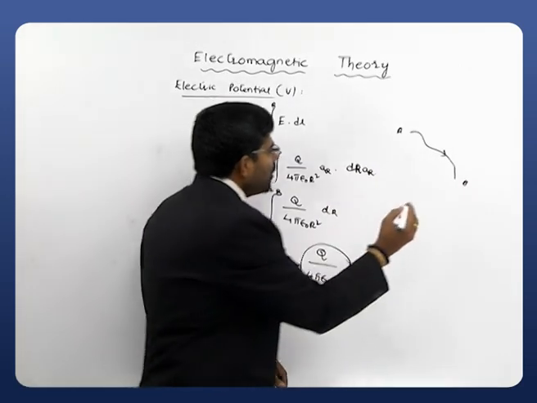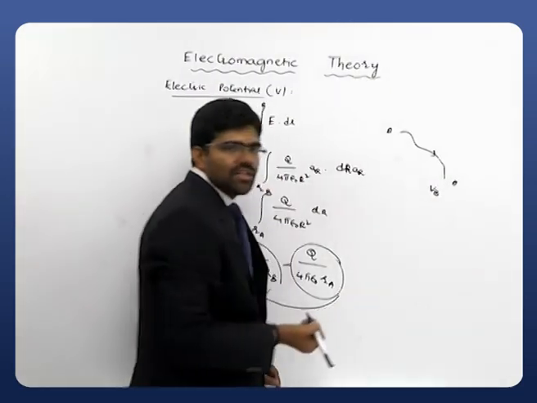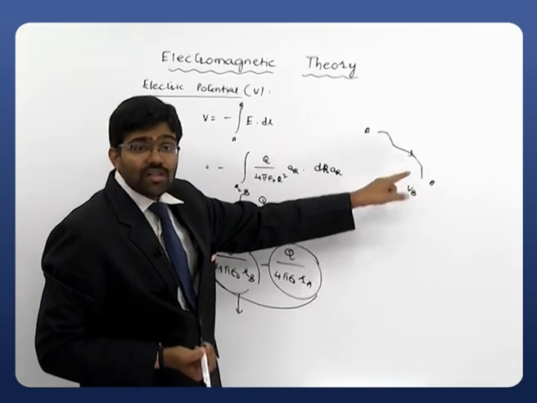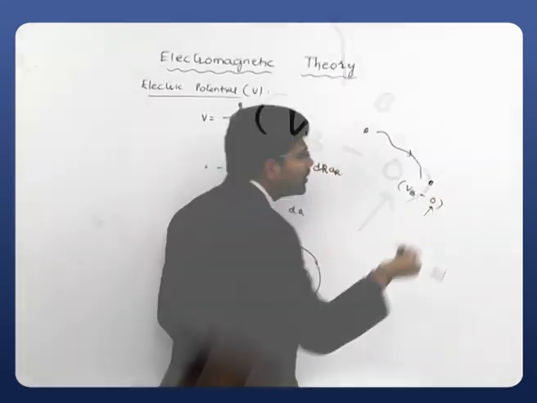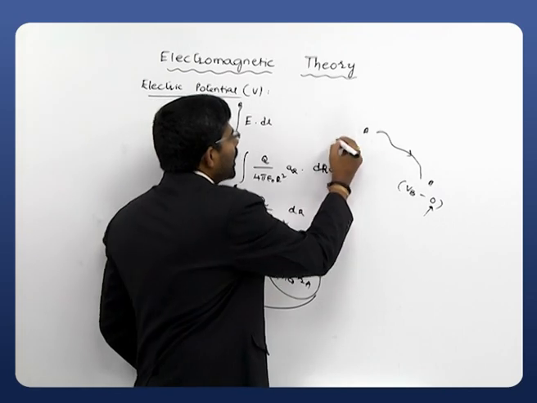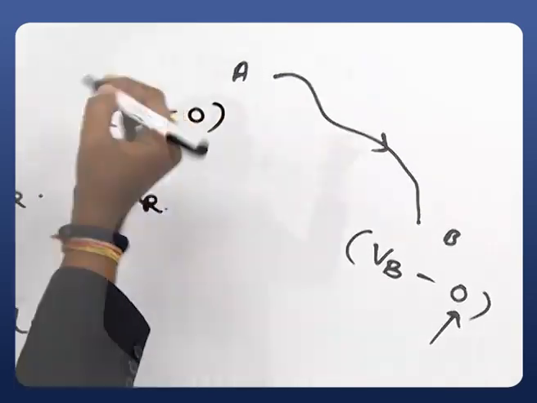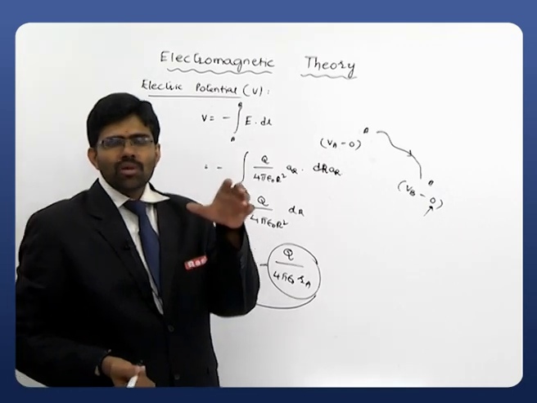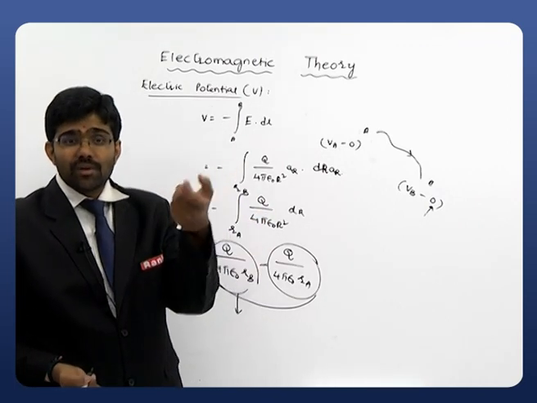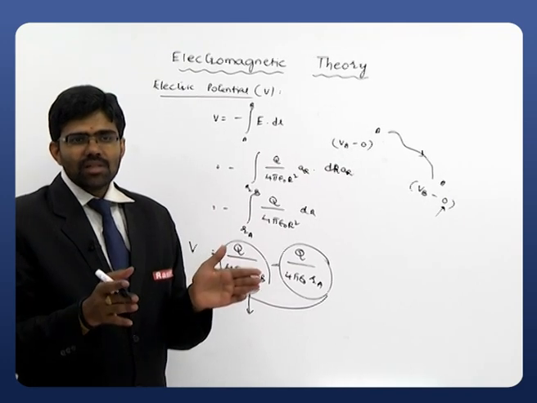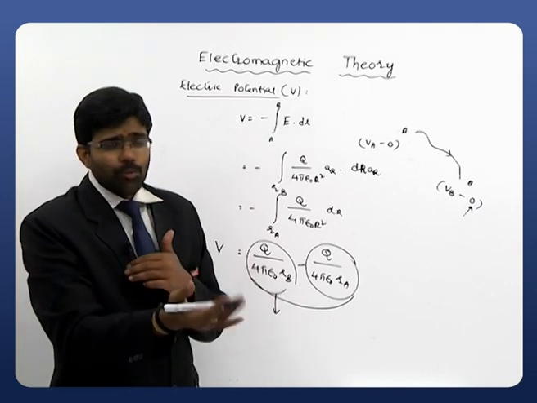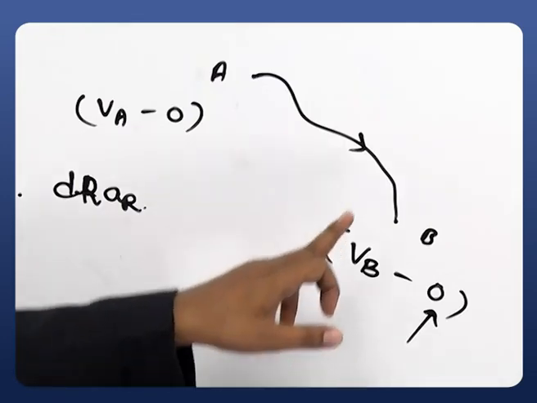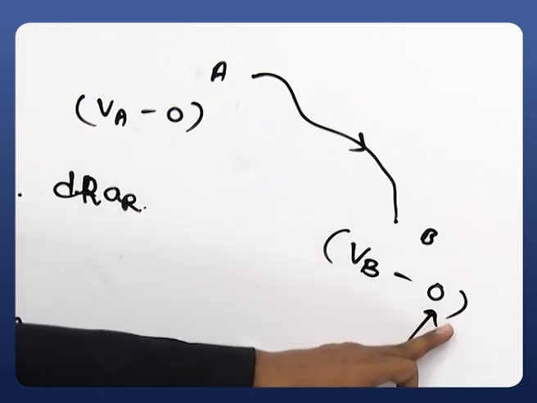So VB, the absolute potential, is the potential difference between this point and another point where the potential is 0. In the same way, VA can be written as VA minus 0. Everywhere we are supposed to take the potential difference between two points; the absolute potential is the potential difference between a particular point and another point where the potential is simply 0.